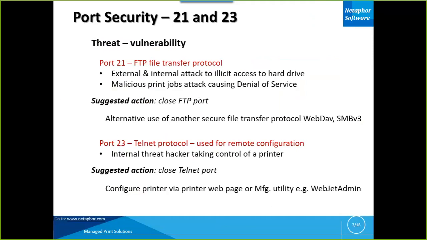But more likely, what you would be better to do is just use the manufacturer's utility like WebJet Admin or MarkVision or IWMC for Canon or one of the other ones. That should take care of being able to close that port and make sure you do any other configurations. You can use those tools. So that's a list of the vulnerabilities and also what some suggested actions might be.